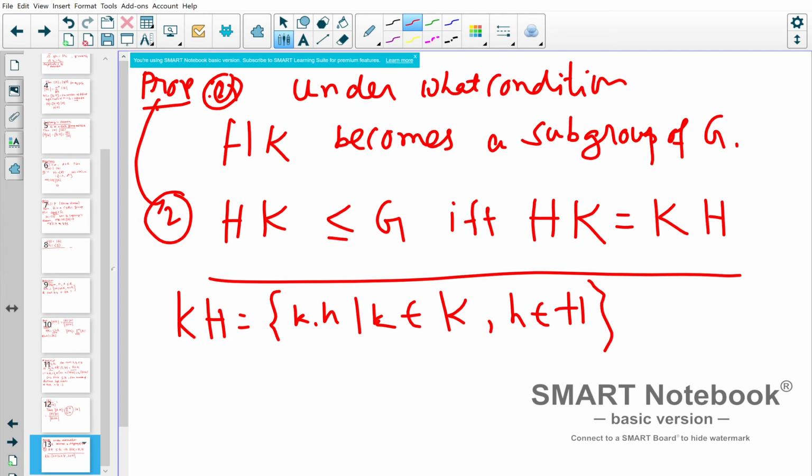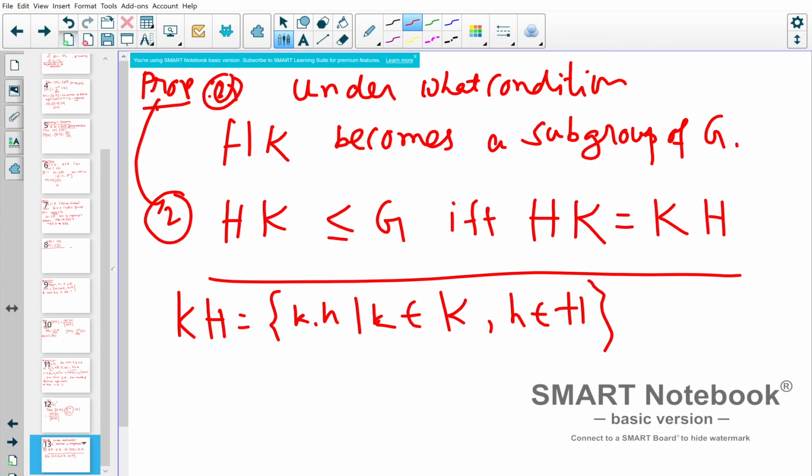But in general, KH and HK need not be the same. They have the same number of elements, but they need not be the same, as I said. But we are going to prove that these two statements are equivalent. If they are the same, that gives you a group structure on HK. If you have a group structure on HK, then HK and KH are the same. Okay.